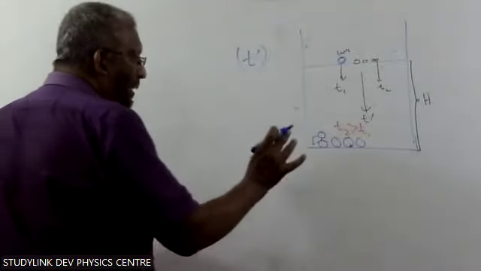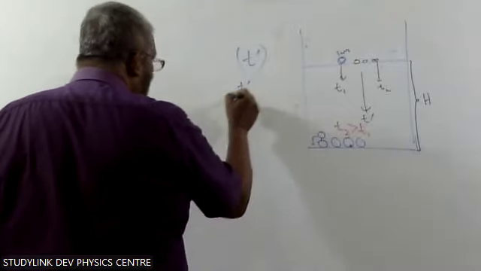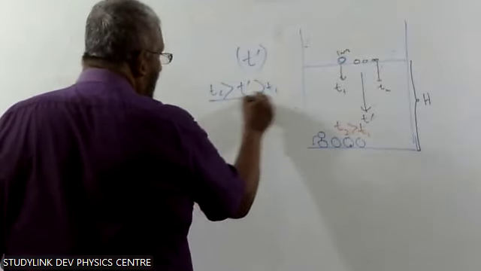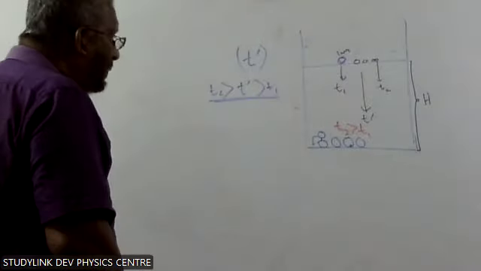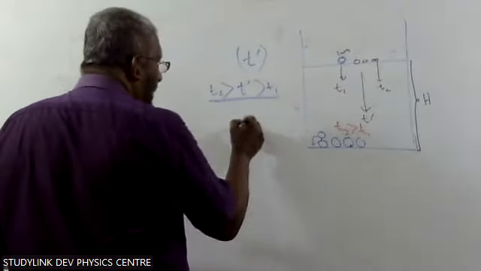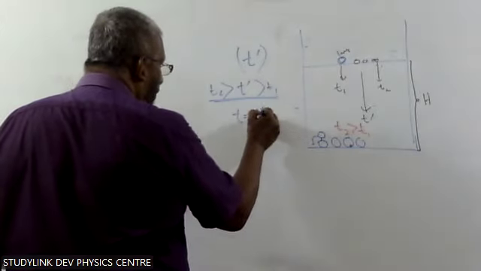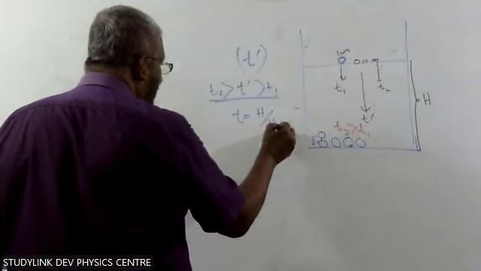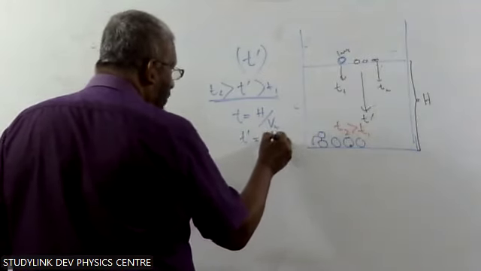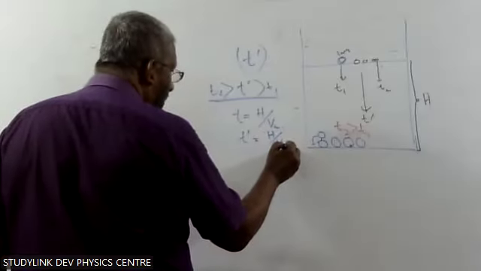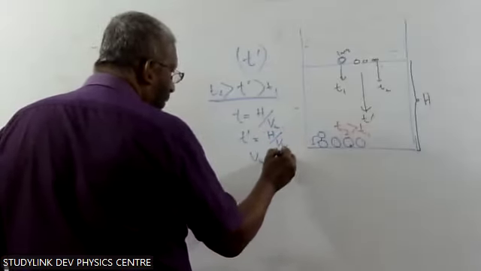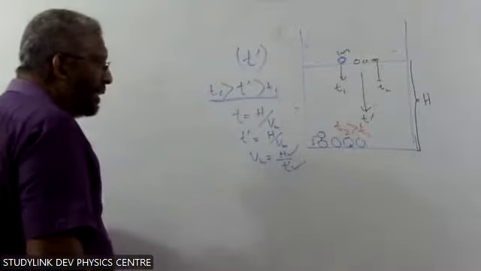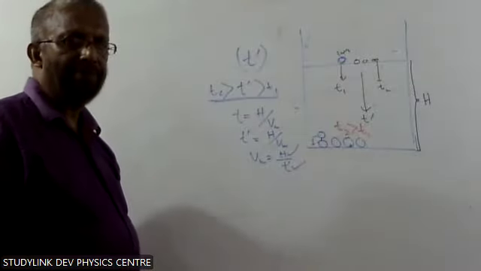The time is given, and T dash is between T2 and T1. Then T is equal to height over terminal velocity, V terminal. Then T dash is equal to h over V terminal. So V terminal is equal to h over T dash. H is given, T dash is given. Then we can find the terminal velocity.